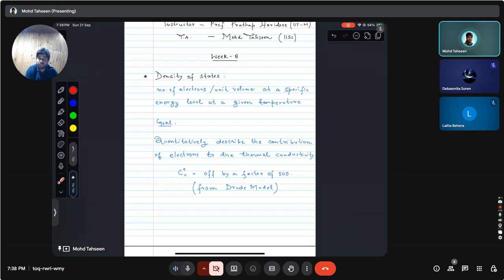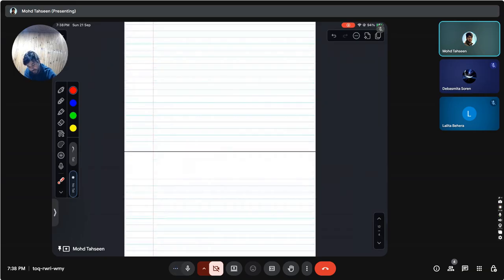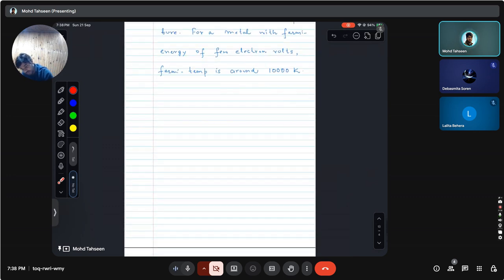Okay, so we see that the Drude-Sommerfeld model, let's write a few things down. Considering room temperature, and room temperature means T of the order of 300 Kelvin, T by T_F is of the order of 0.01.